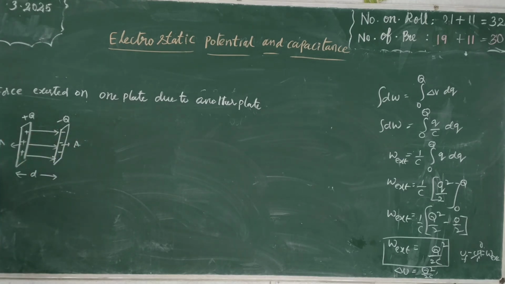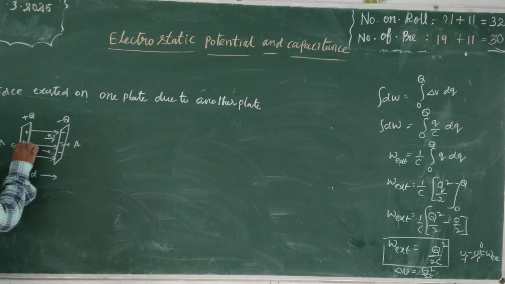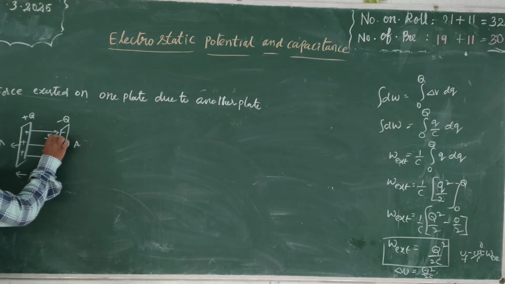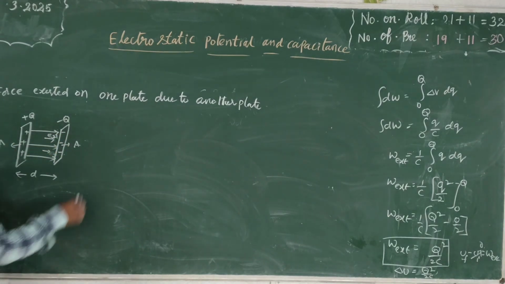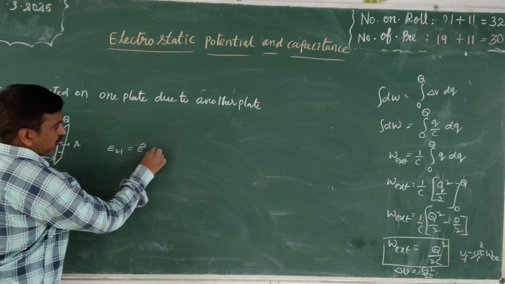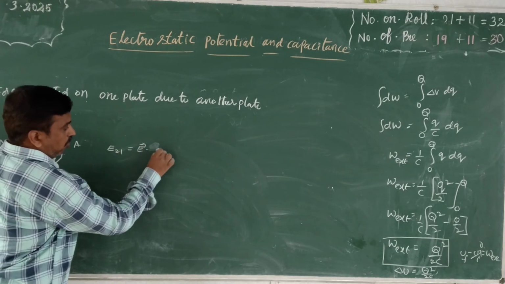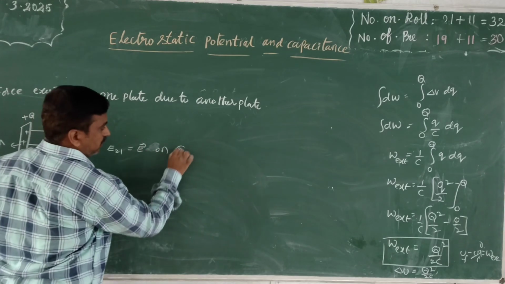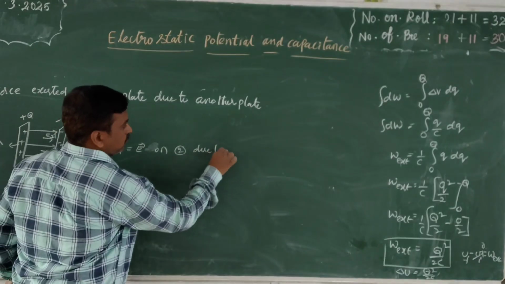First we can write the electric field due to this one on this one. E21 means the electric field on the second plate due to the first plate.